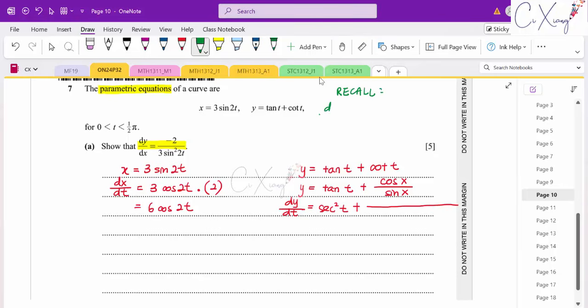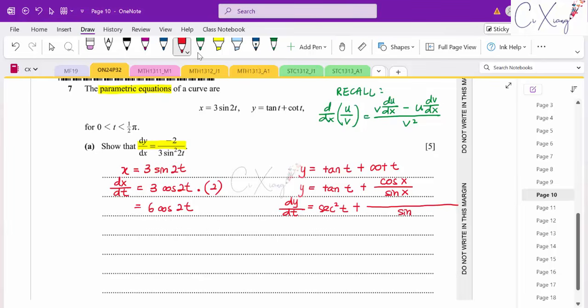When you are having u over v, the general formula is you square the denominator, copy the denominator, differentiate the top, then minus, now you copy the top, differentiate the denominator. Okay, so this is the general formula for the quotient rule. So let us start here and apply here.